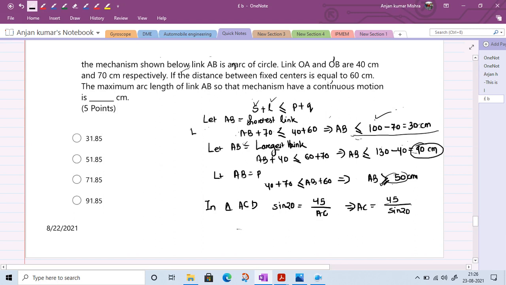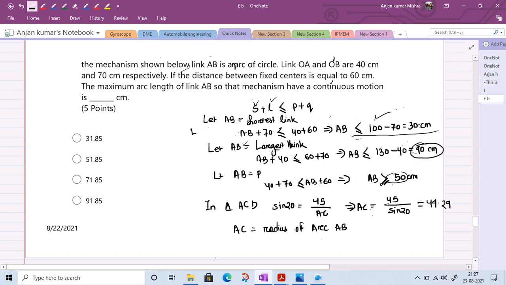So let me just use the calculator to find out the value. 45 divided by sine 20 degree is coming out to be 49.29. So AC is equal to the radius of arc AB.